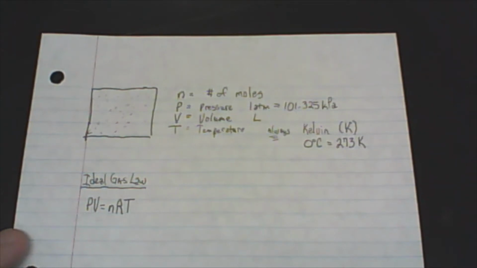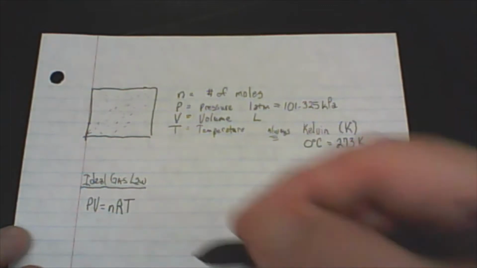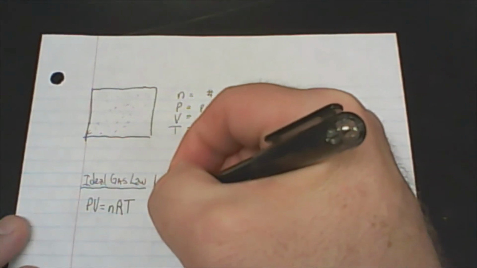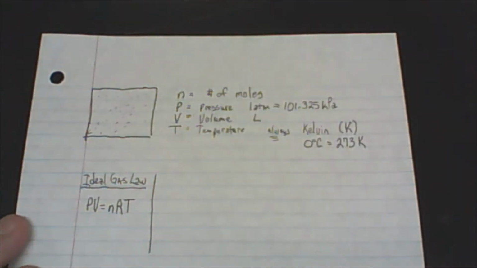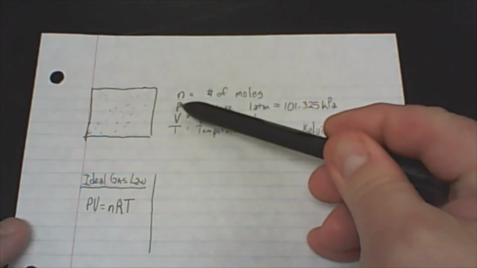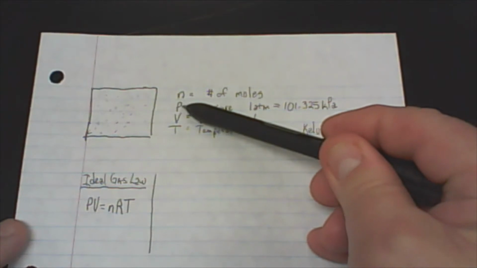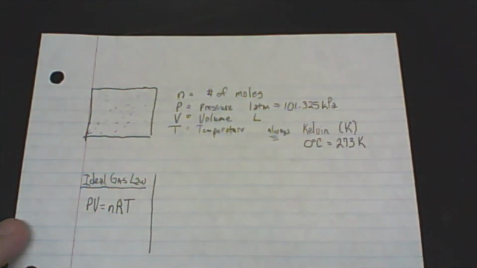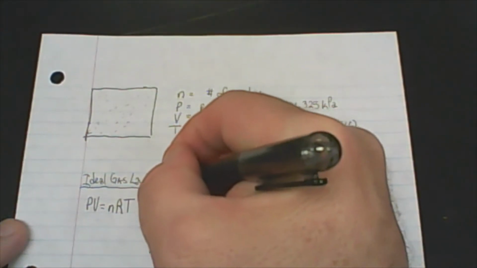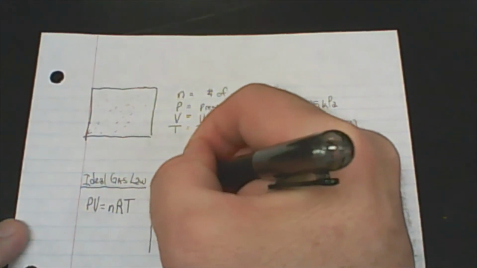But let's talk about how these gas laws are related. Like I said, if you know the first one, the ideal gas law, then you can figure out these others. There's really 5 of them, but I care about the ones that relate pressure, volume, and temperature. So the other 3 laws are Boyle's law.